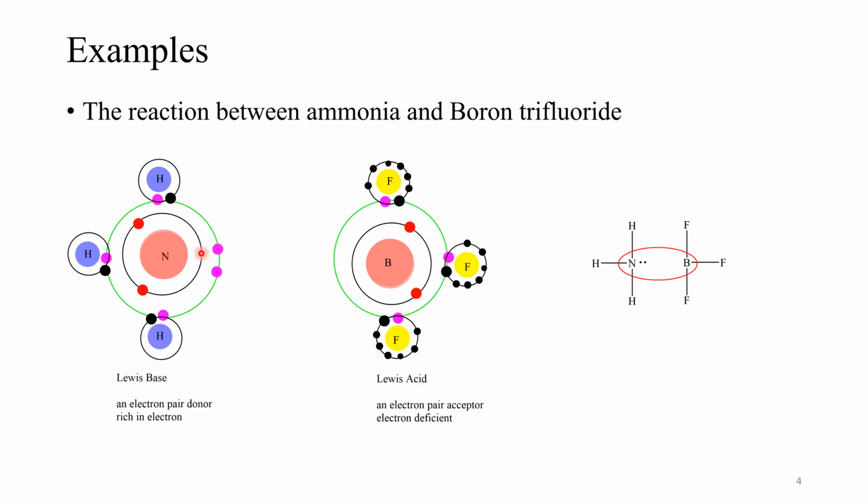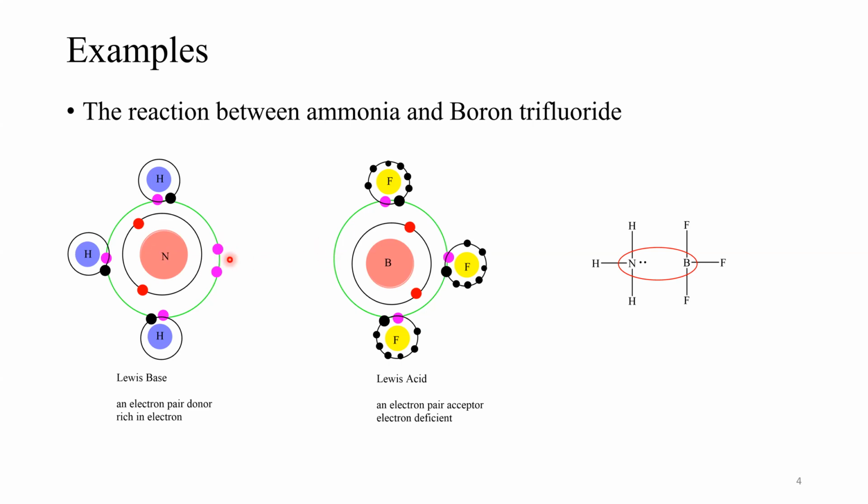So in these scenarios, when these two molecules or groups of atoms approach each other, nitrogen has a reserve electron pair which it can donate, not completely, but in a way to establish a covalent bond.